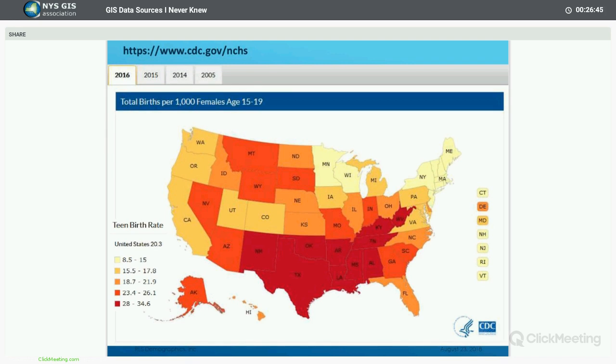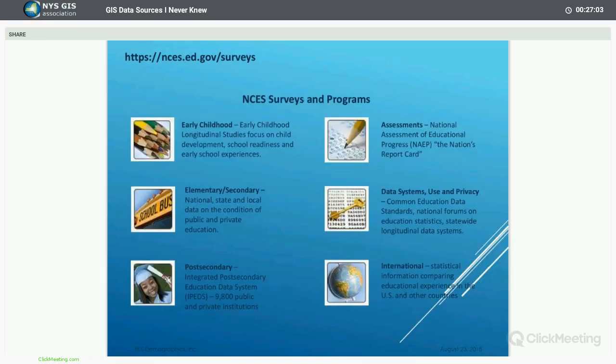And you can see pretty starkly here the difference across our country, just in states, in terms of teen birth rates coming out of NCHS. Again, a huge catalog of data that can be used to inform decision making.